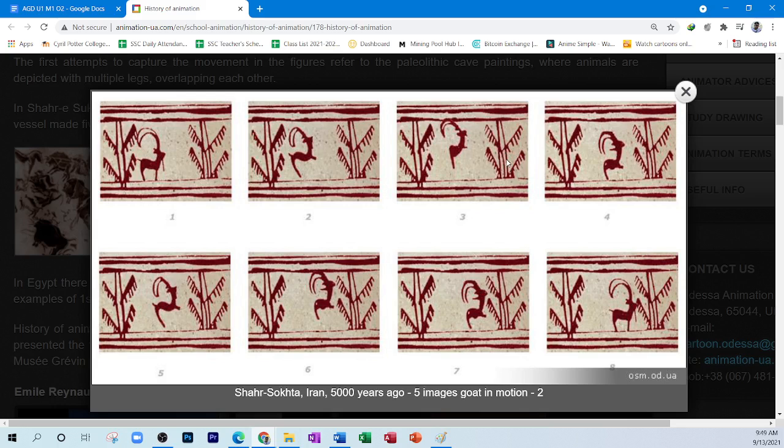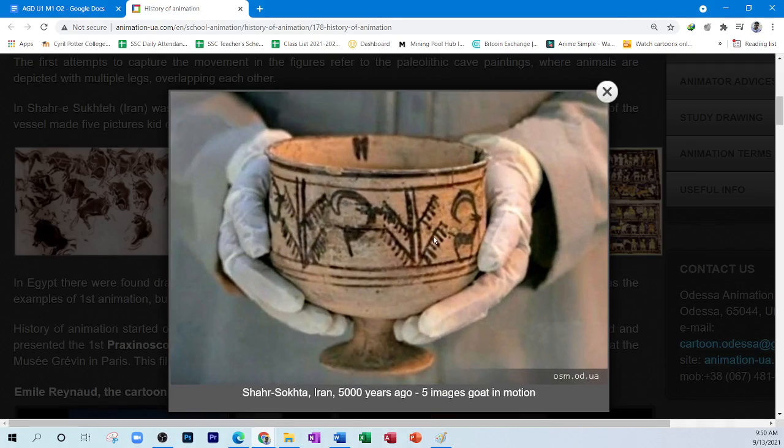It needs something to go between each scene, or between each drawing or image. Something needs to move those images. So that's why I would have said that the cup could actually work, because if you were to spin the cup, that would have caused the images to move.